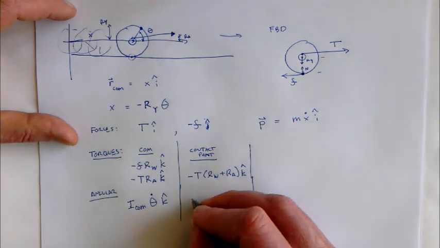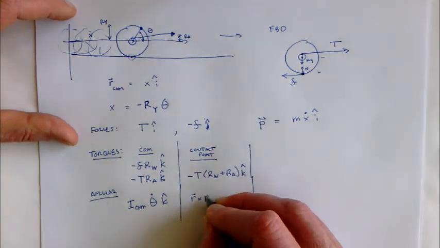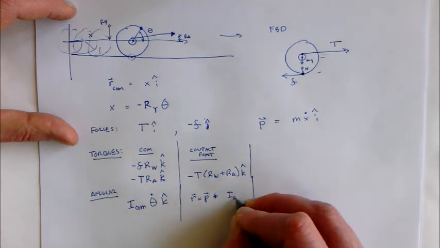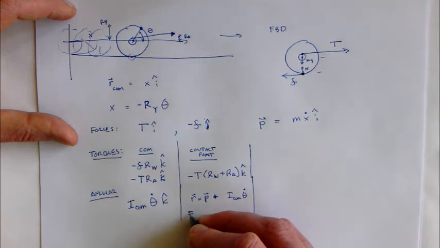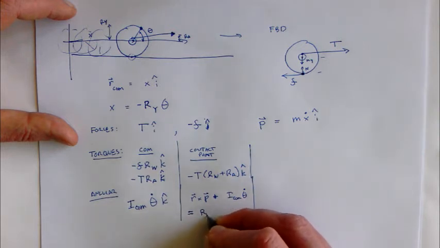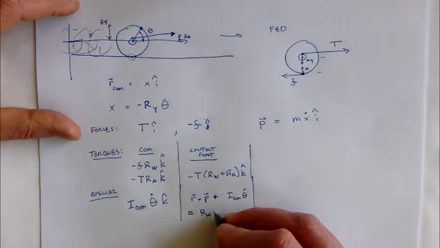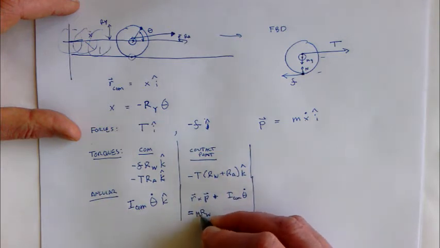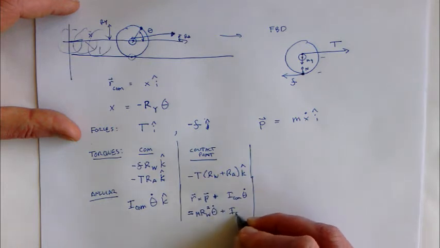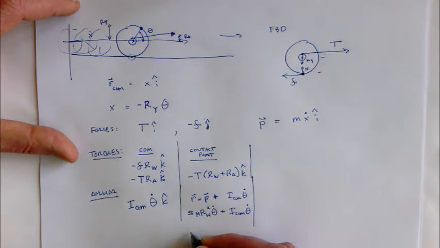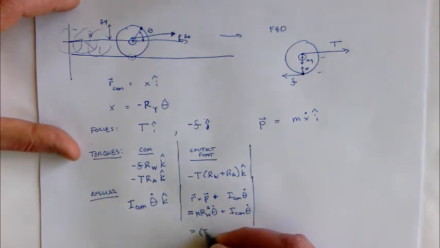Another way of doing that same thing is to use r cross p plus I center of mass times theta dot, which is the same as saying the radius of the wheel times the velocity of the wheel times the mass of the wheel. So this is going to be m times r_w squared times theta dot plus I_COM times theta dot, or I center of mass plus m times r_w squared, times theta dot.